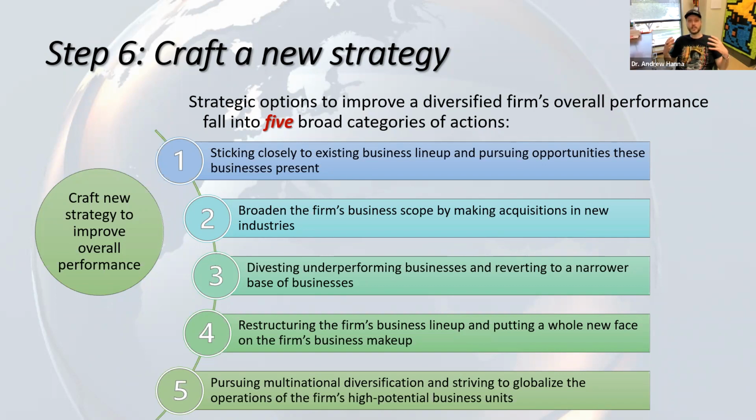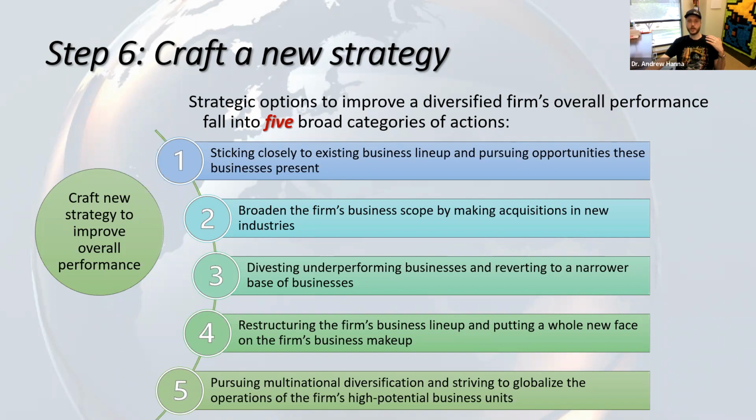In this case, we won't necessarily be asking you to craft a new strategy that produces a conducive fit through all of these, but just understanding that these 5 different broad categories of action are usually what we go into trying to craft a new strategy that hopefully identifies those weaknesses we've found through our assessment, figures out how we can utilize our resources and strategic fit best, allocate them most appropriately, cut off a dead leg where necessary, whatever it is we need to do.